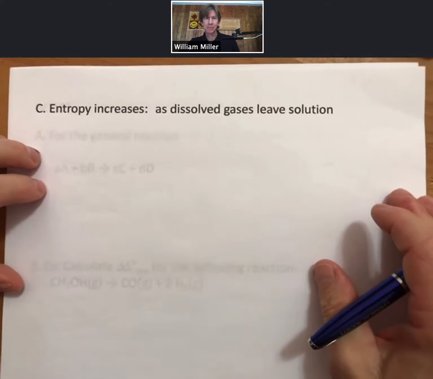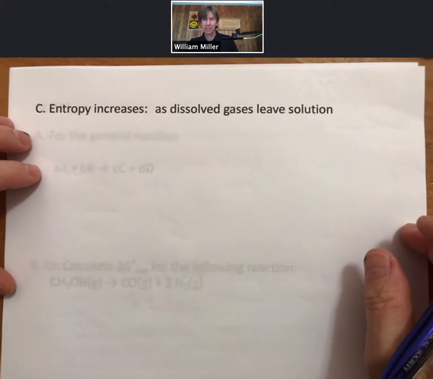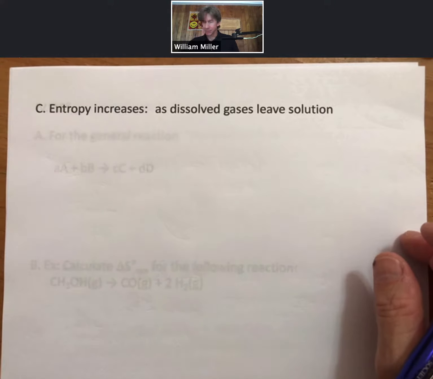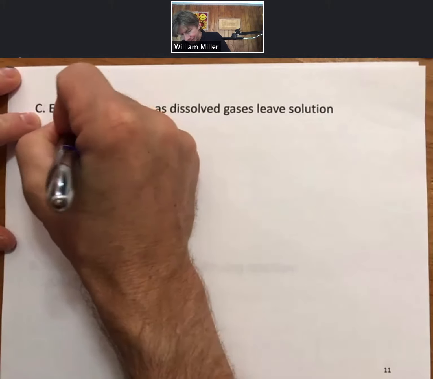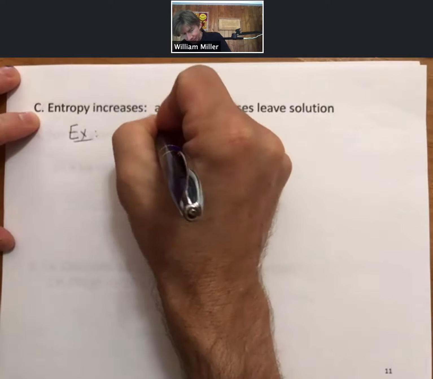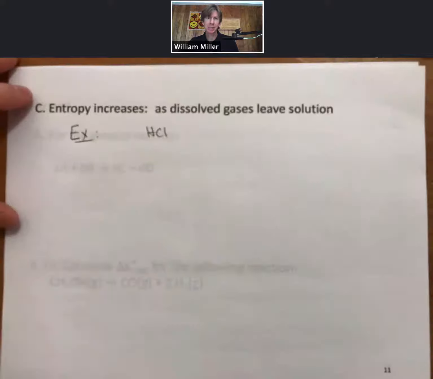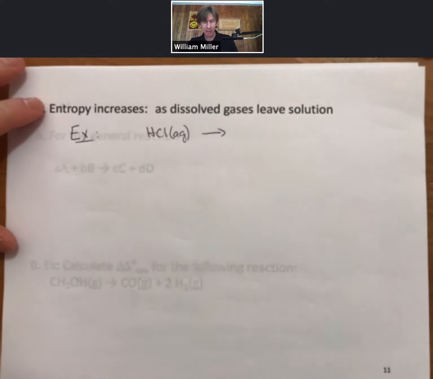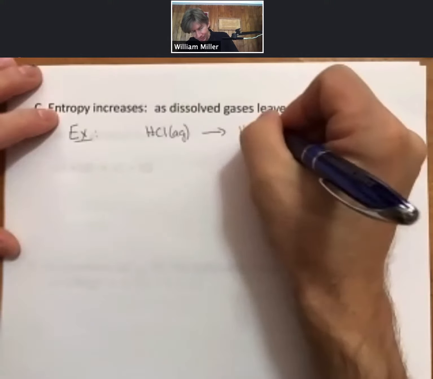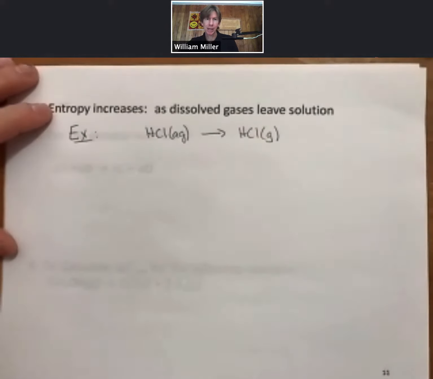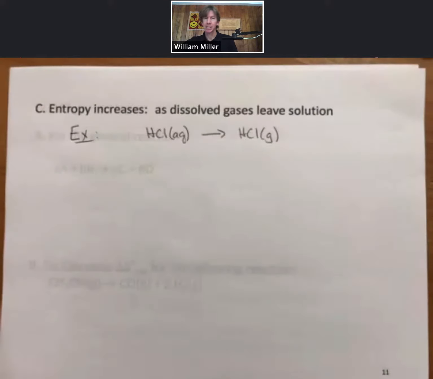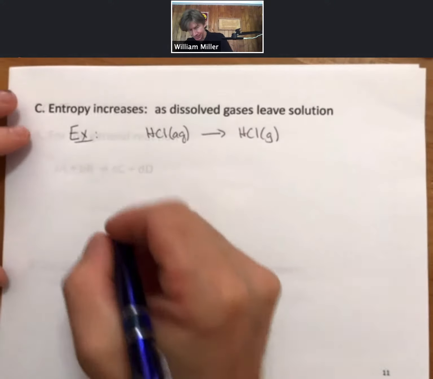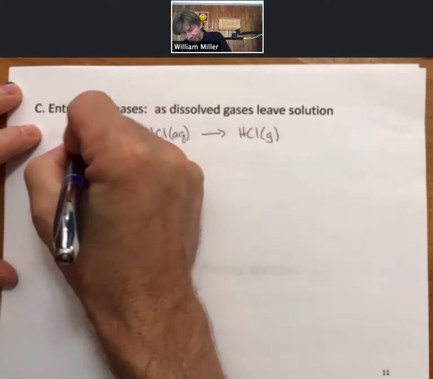The next trend: entropy increases as dissolved gases leave solution. The example I want to do here would look at HCl aqueous going to HCl gas. Let me give the numbers first.